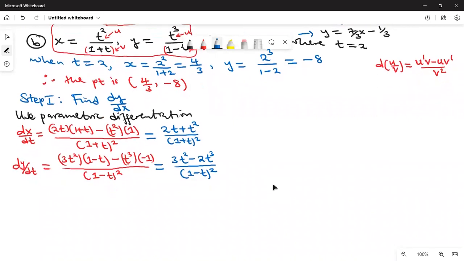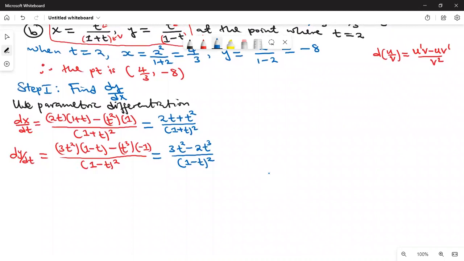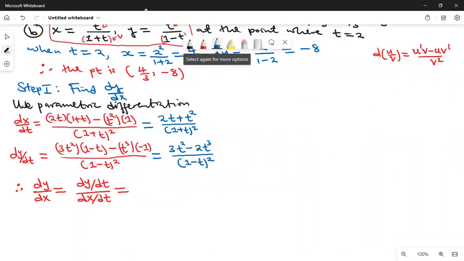So, how do we now find dy/dx? You can now say that therefore dy/dx is the same as dy/dt divided by dx/dt. Let us divide those two. Remember, when you're dividing, it's like multiplying by the reciprocal of the denominator.